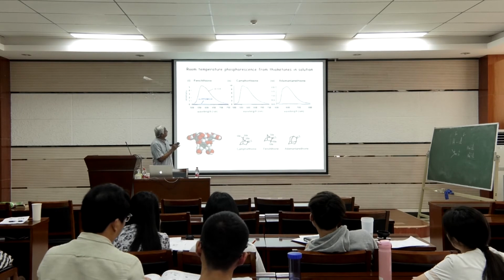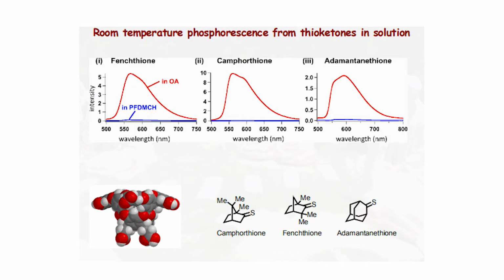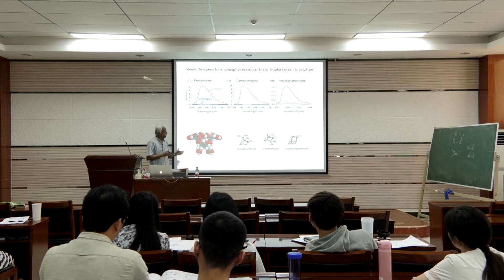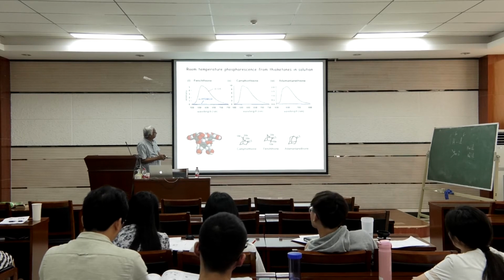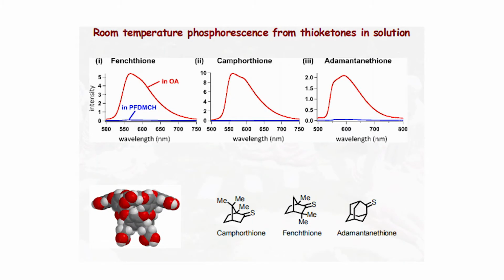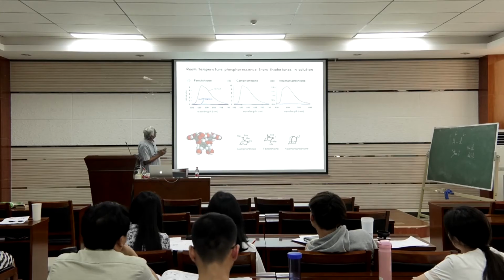Now you take, for example, these are all the compounds. So this molecule is the one that is going to emit phosphorescence. Okay. You take only one example here. You take this compound, camphorthione. Camphorthione is this one. So the blue line is in some solvent. Oh, this is here.